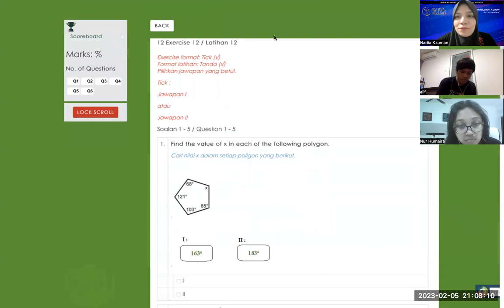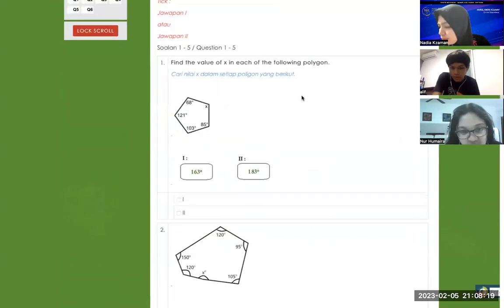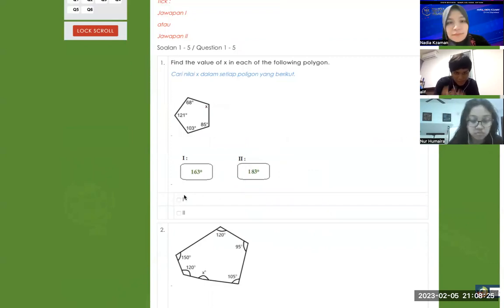So now, the first one will be Alif. Okay, find the value of x in each of the following polygon. You have one remaining.